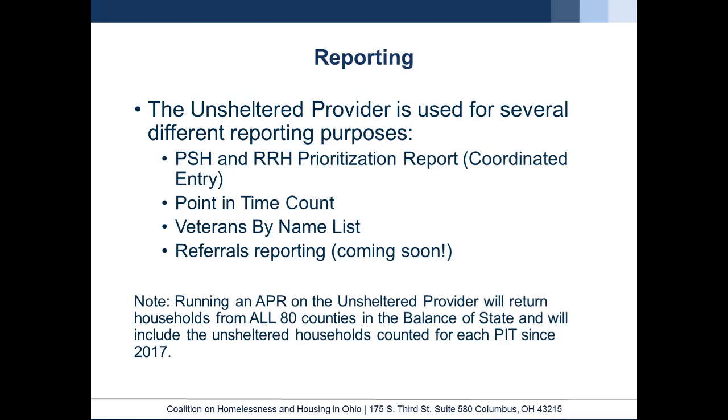If there are clients in the unsheltered provider who are unsheltered on the night of the point in time count, those should be, at least for 2018, I'm not sure how we're doing it in 2019 yet, but for 2018, if a client is unsheltered on the night of the point in time count and they're already in the unsheltered provider, then the enumerator, the county contact, whoever it is that would be responsible for this, would write the client ID of that client on the unsheltered tool.